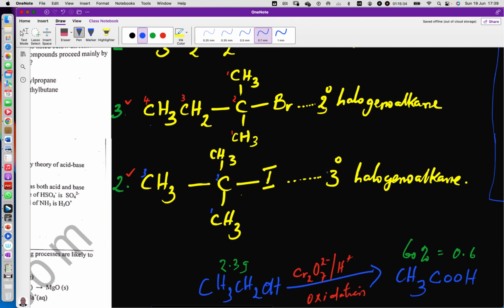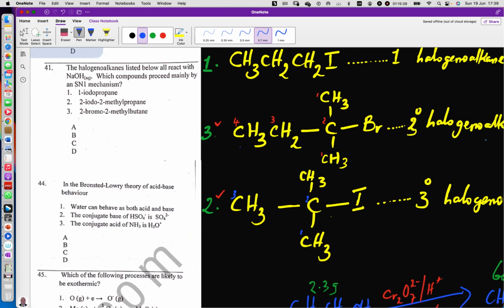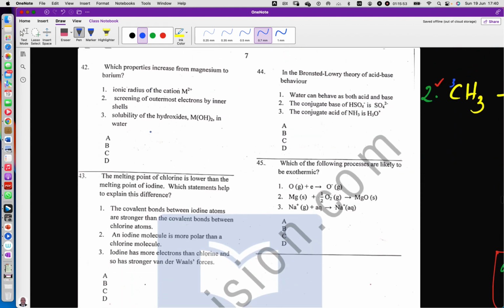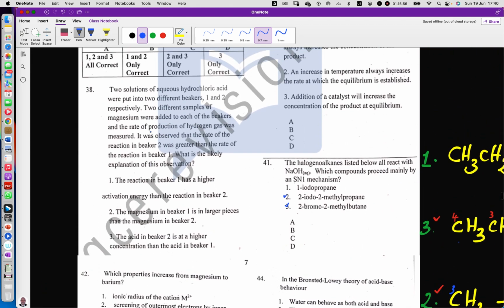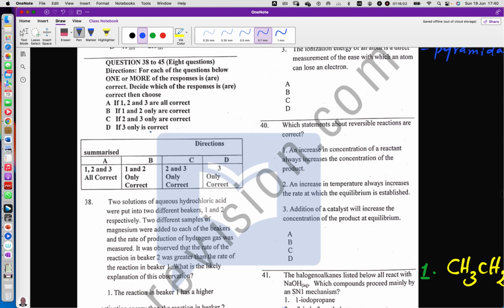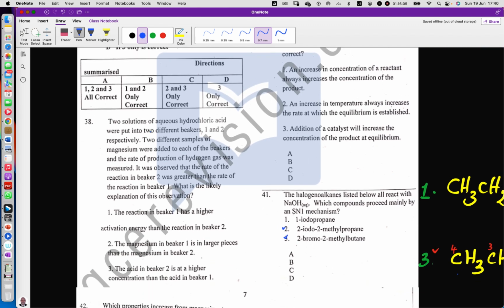This will undergo SN1, and this will undergo SN1. 2 and 3 will undergo SN1. And if they undergo SN1, then our answer here will be 2 and 3. Our answer will be C. Our answer for 41 will be C.